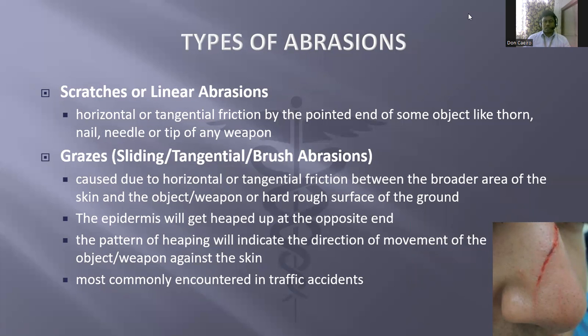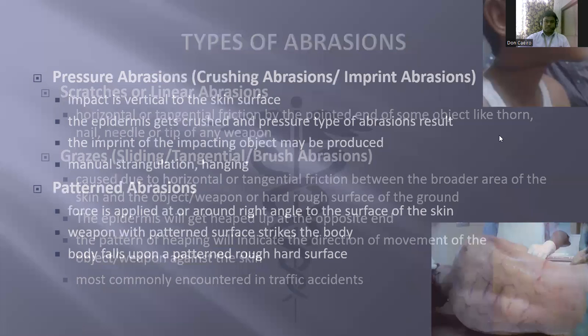Those scratches that are resulting on the body are what we technically call abrasions. The epidermis will get heaped up at the opposite side, so the direction of the movement of the object can also be obtained. These grazes are mainly found in traffic accidents.